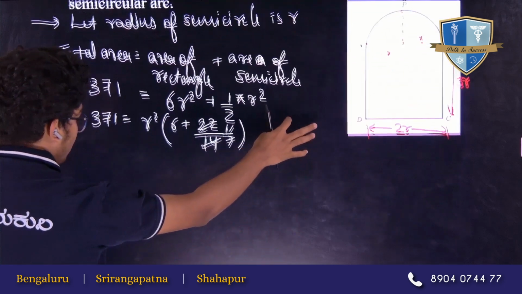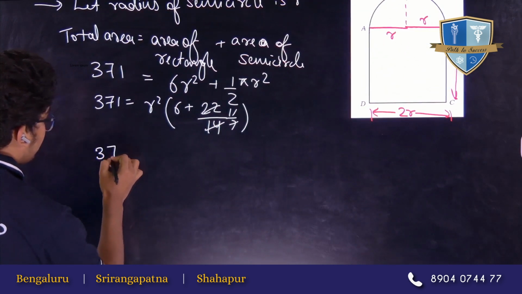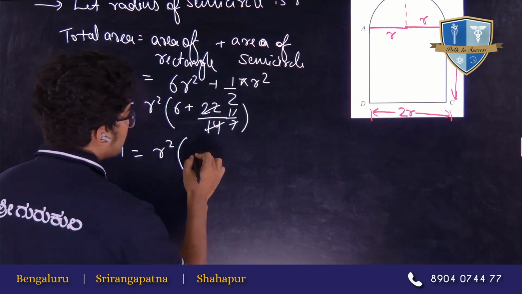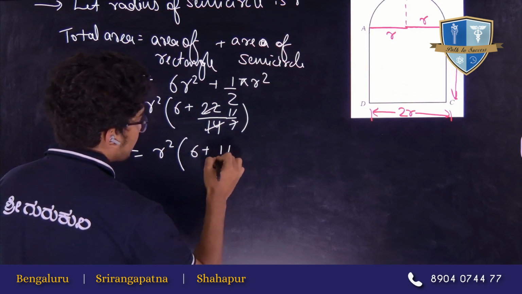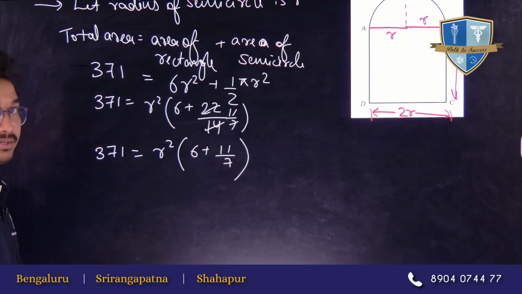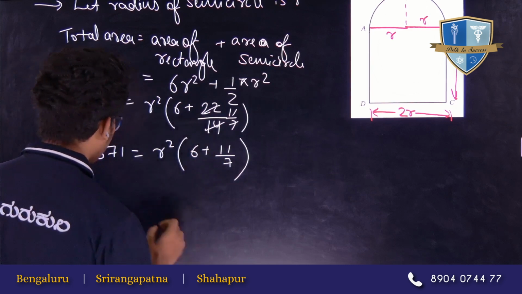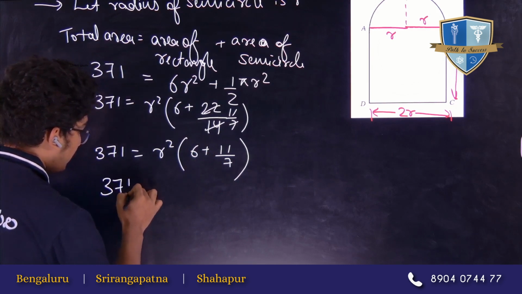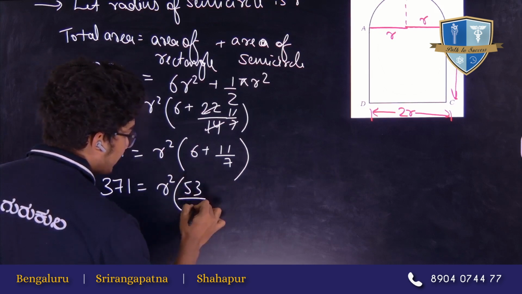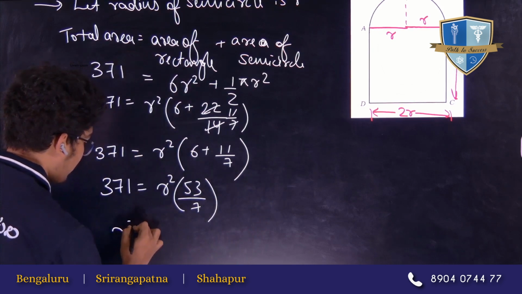Now 371 is equal to r square into 6 plus 11 by 7, correct? And 6 into 7 is 42, 42 plus 11 is 53. So 371 is equal to r square into 53 divided by 7.